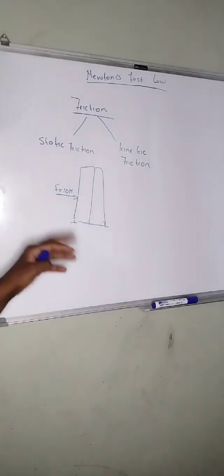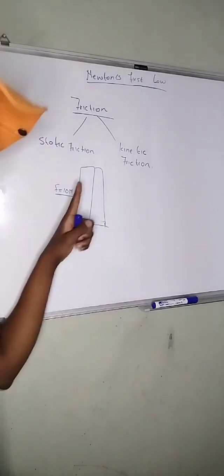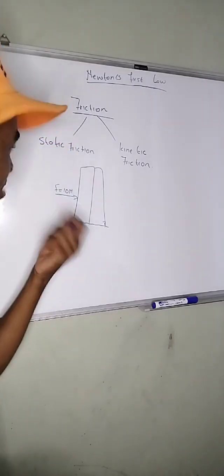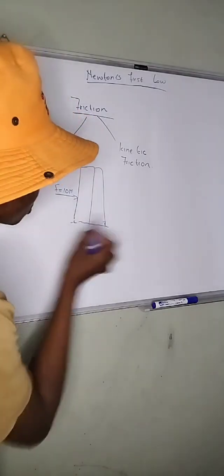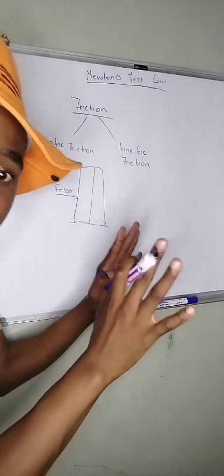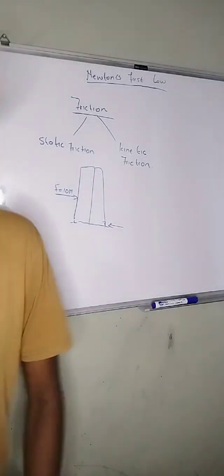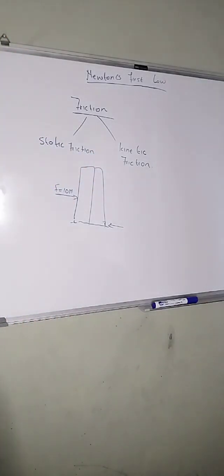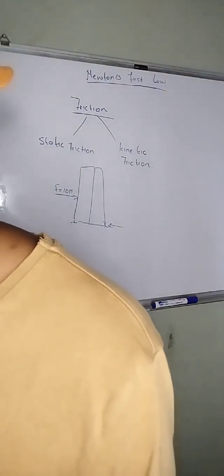Obviously, the wardrobe is going to be tough to move, right? But let's say you are pushing this wardrobe and it doesn't go anywhere. What kind of friction are you experiencing in this case?